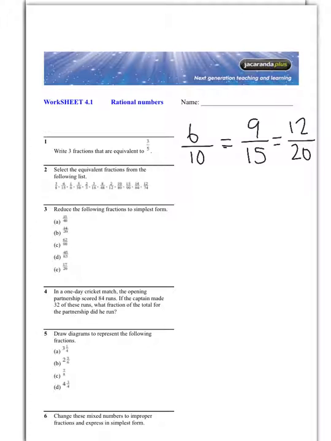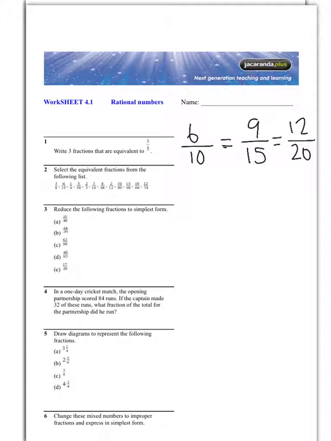So 3/8, I can't think of a number that both 3 and 8 can be divided by, so that's already in simplest form. 4/15 is already in simplest form. I can't find a number that both 4 and 15 can be divided by. 1/6 is also already in simplest form.